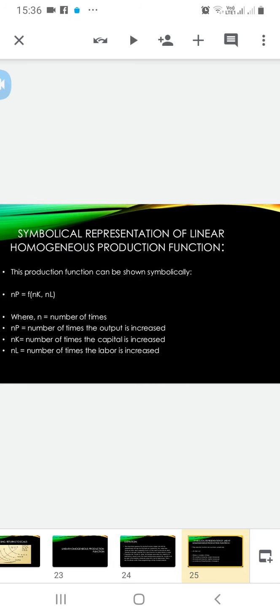The production function can be shown symbolically. nP is equal to f(nK, nL), where n is the number of times, nP the number of times the output is increased, nK the number of times the capital is increased, nL the number of times the labor is increased.